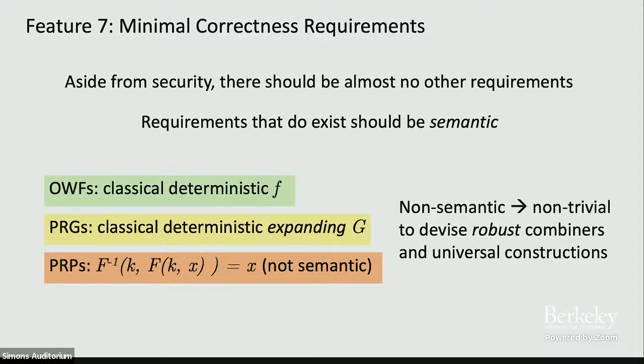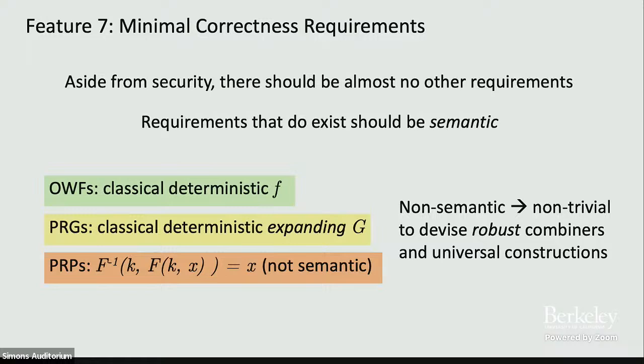And then, this is going to be related to the previous one and also about simplicity. We really want there to be a definition that has a security property and kind of nothing else, right? And if you think about things like signatures, pseudorandom permutations, whatnot, they have correctness properties. For signatures, we need that there's this verification algorithm that verifies signatures. For pseudorandom permutations, we need that the function is a permutation and also that there's an efficient inversion algorithm.